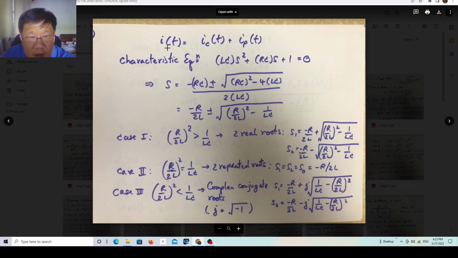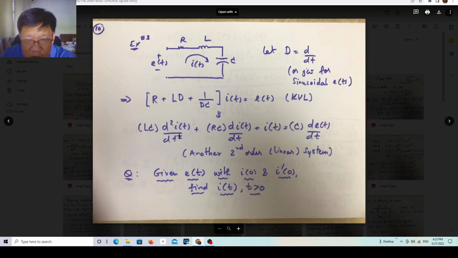First, you know that the general solution of i(t) has to be equal to the complementary solution plus the particular solution. And for the characteristic equation, you go back here, you know that d squared i by dt squared has to be substituted by s squared because it's second order. di by dt is substituted by s, and the remaining coefficient multiplied is only 1, which is s to the 0, equal to 1. So the characteristic equation becomes LC s squared plus RC s plus 1. Because di by dt is s, and the last term is only s to the 0, which is equal to 1.